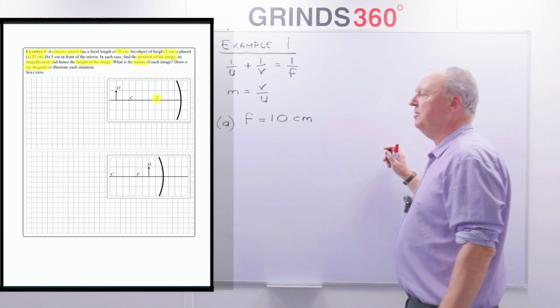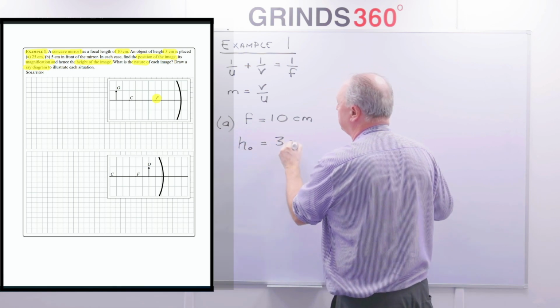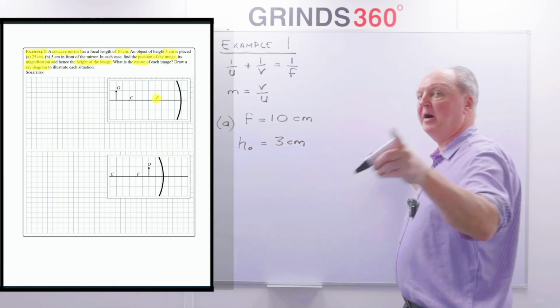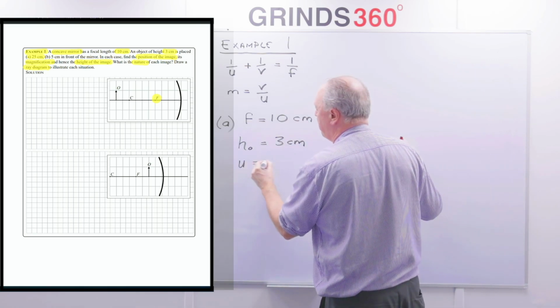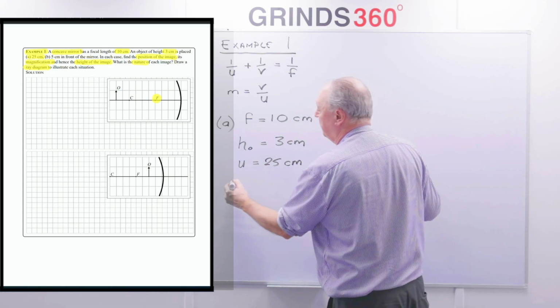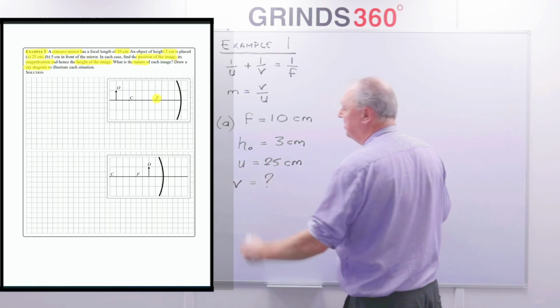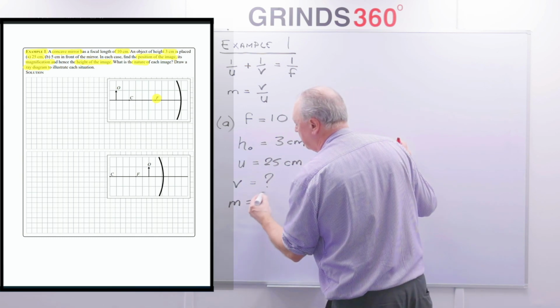I'm also told that the height of the object is 3 centimeters. I'm told in part A that it's placed 25 centimeters from the mirror. And I'm asked to find V, the image distance. And I'm asked to find M, the magnification.